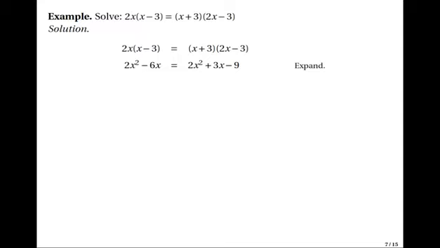As you can see, you have 2x squared on the left-hand side of the equation, and you have 2x squared on the right-hand side of the equation. So if you have your cancellation law, which you do, okay, this 2x squared on the left-hand side will cancel the 2x squared on the right-hand side. Okay?